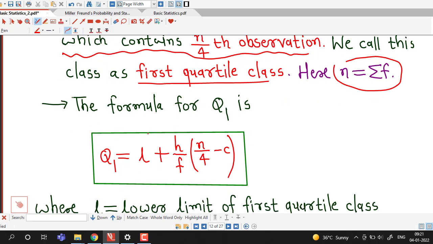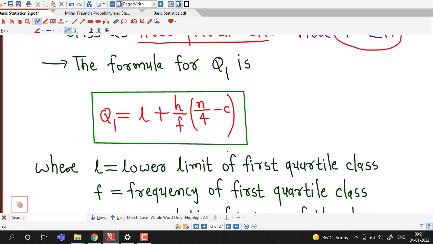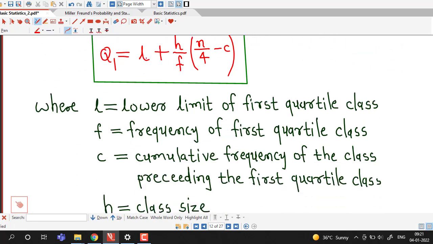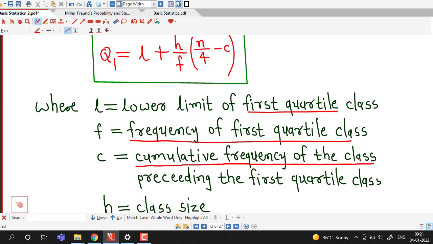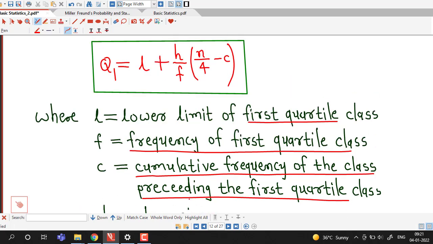The formula for first quartile is Q1 equals L plus H by F times N by 4 minus C. As I discussed, L is the lower limit of first quartile class, F is the frequency of first quartile class, C is the cumulative frequency of the class preceding the first quartile class, and H is class size.